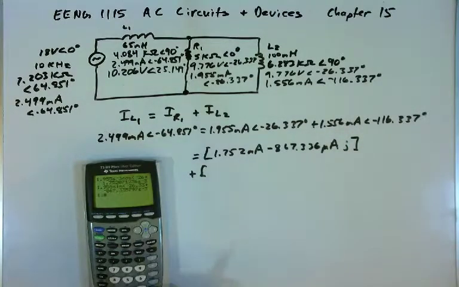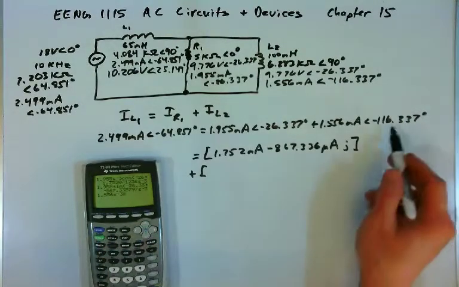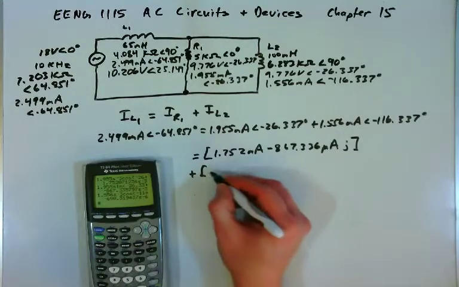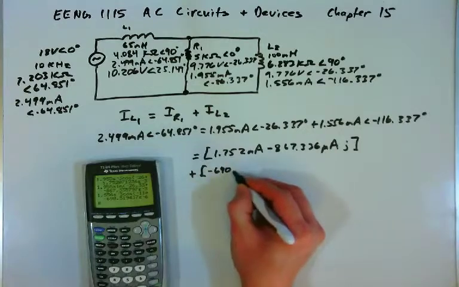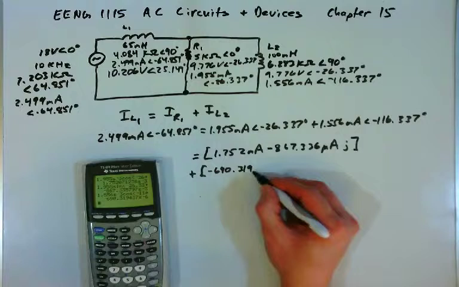XY coordinates again. We have 1.556. That is milli. We're going to multiply by the cosine of negative 116.337 degrees, and we get an x coordinate of negative 690.319 microamps.